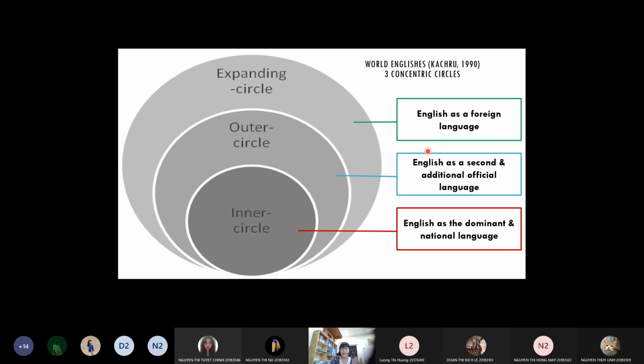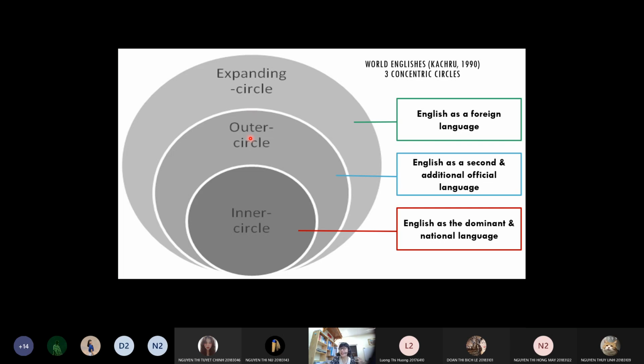However, that's the official thing documented. But for the current use of English in Vietnam, I think we are moving towards the outer circle, approaching the outer circle, but not in the outer circle.